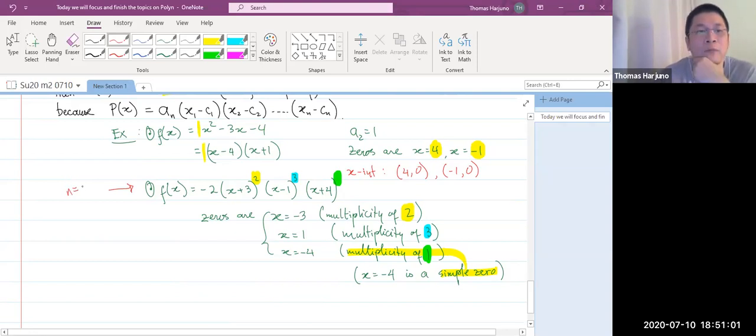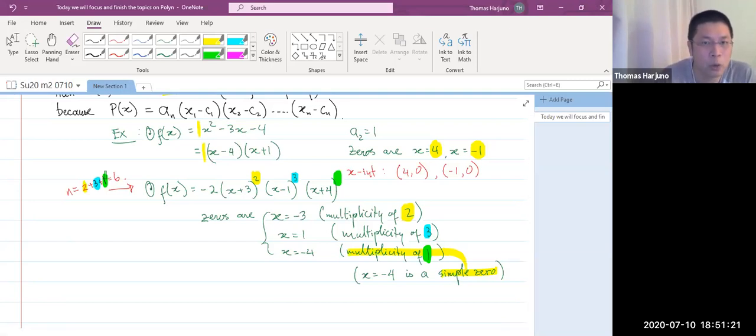The degree is 2 plus 3 plus 1. That's the degree of 6. Which means if you have a polynomial of degree 6, you need to look for all 6 zeros.